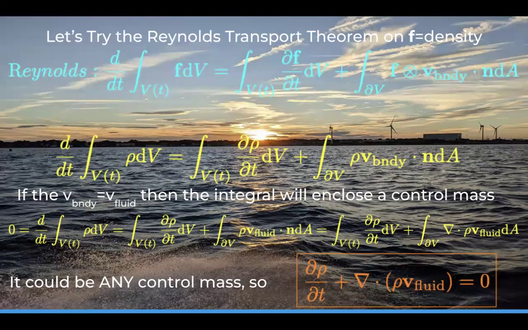What's the answer to this question? What is the time rate of change of a fixed box with fluid passing through it that has different densities of fluid going through? Is that 0? Think of the little sinusoid passing through.